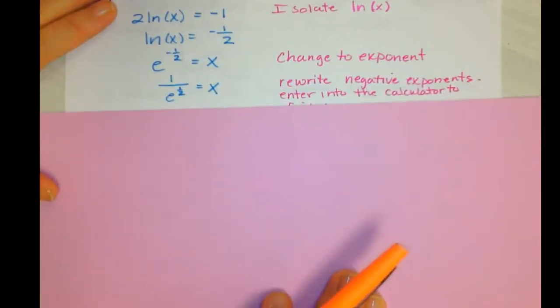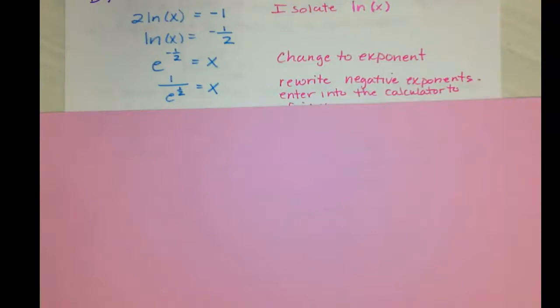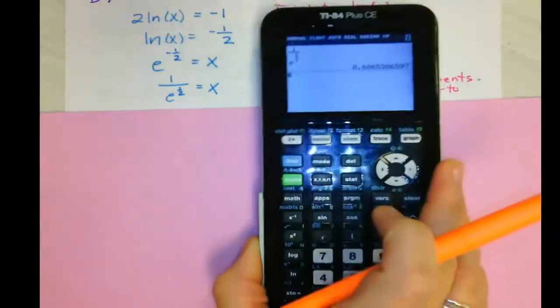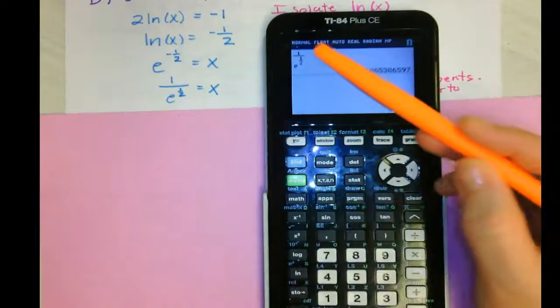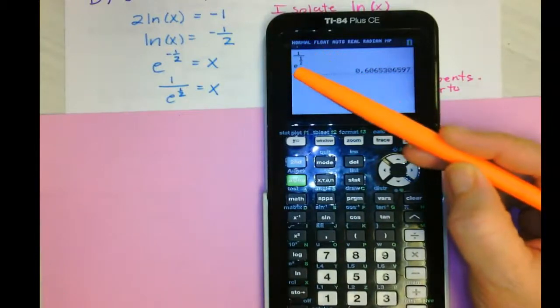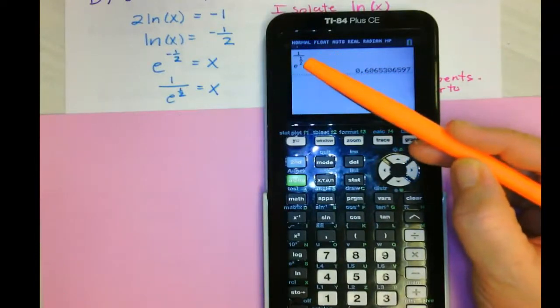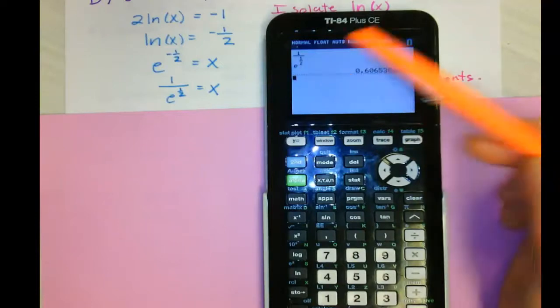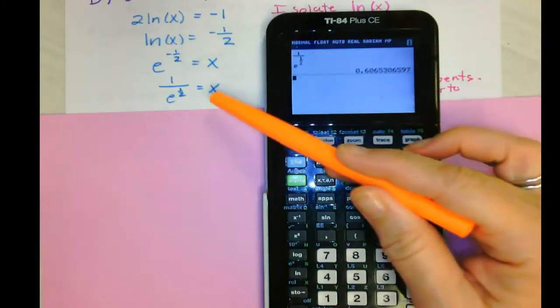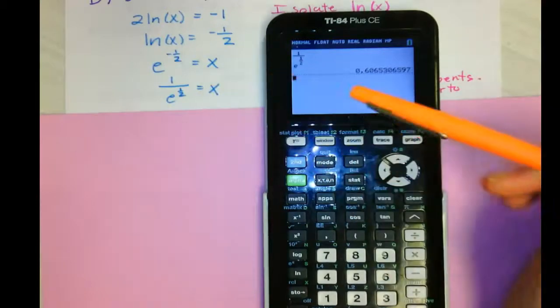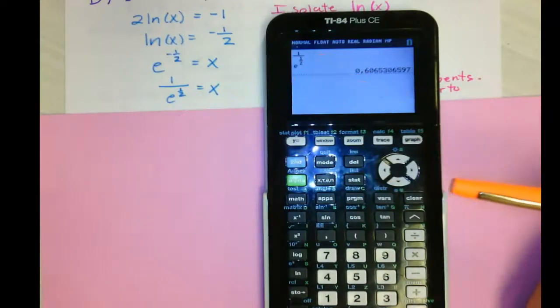I would probably put it in my calculator like that, just so that I have everything in the right place, because we know we don't leave negative exponents. So I use all my templates and I get the fraction template. I put 1 over, and you could use the exponent here to be 0.5, or you could do 1/2. I always encourage students to make it look just like it looks on the paper so that you don't accidentally have any flub ups.